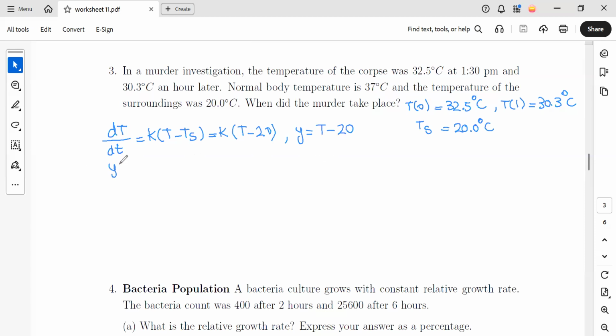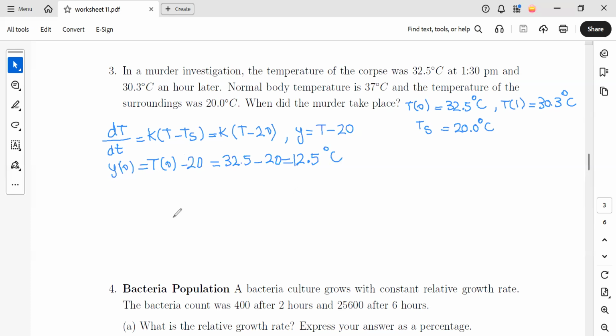So we know that y of 0 is T of 0 minus 20 based on the formula, which is 32.5 minus 20 equals 12.5 degrees Celsius.